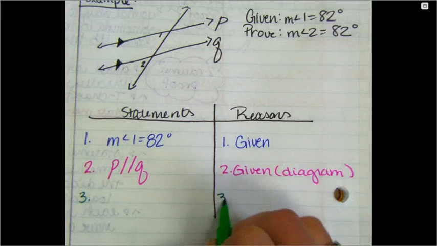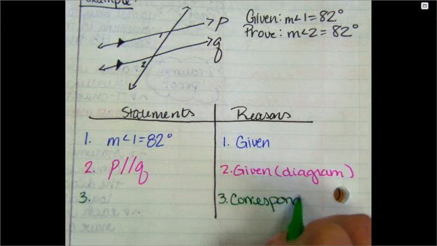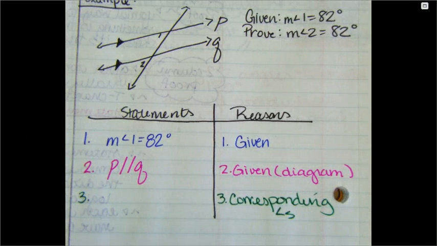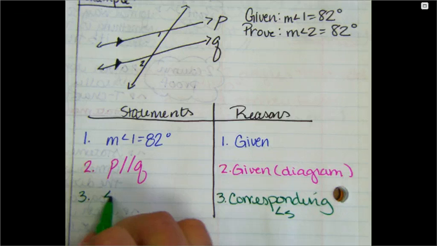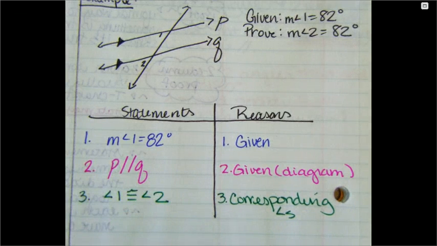That's my reason. Over here is going to say corresponding angles, right? But what is my statement going to say? Is it equal to angle 2? Congruent to angle 2. So over here I'm going to say angle 1 is congruent to angle 2. Okay, good. It's not the same.